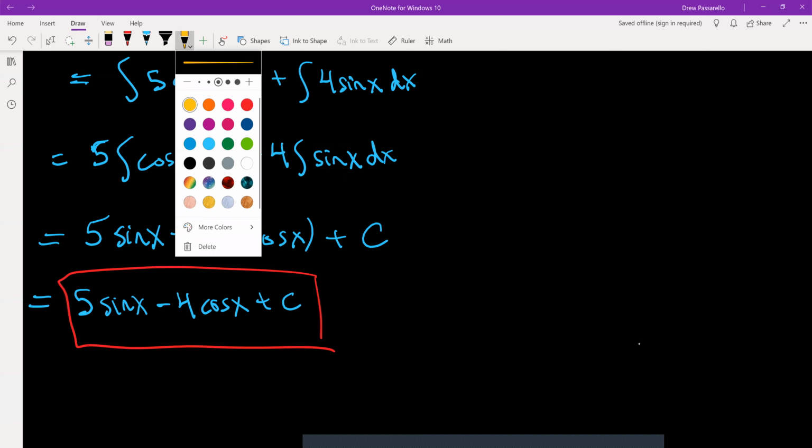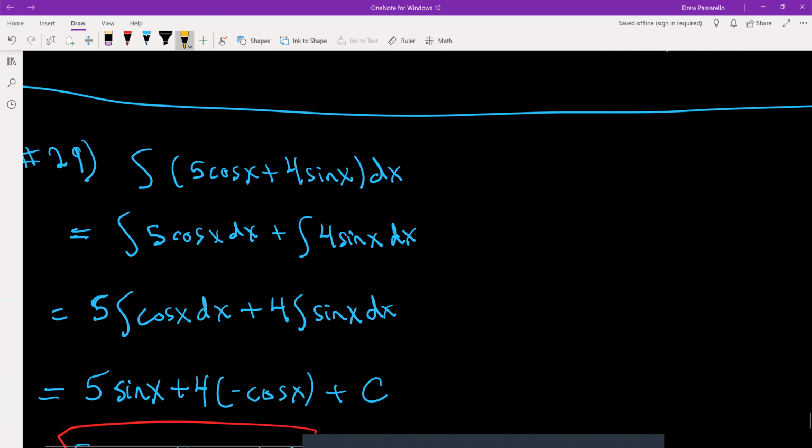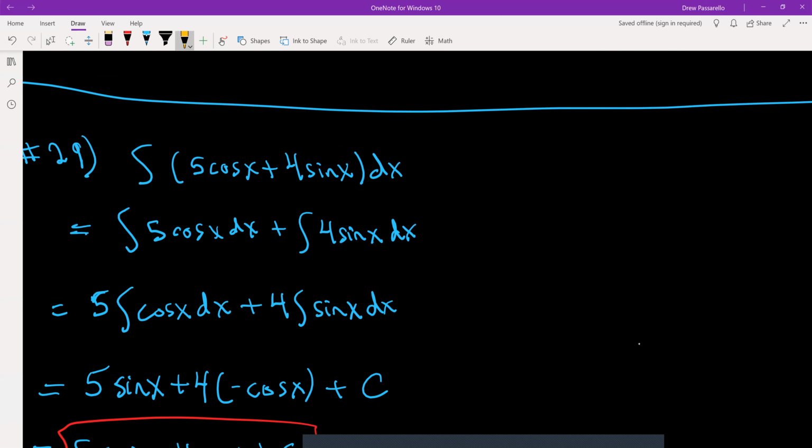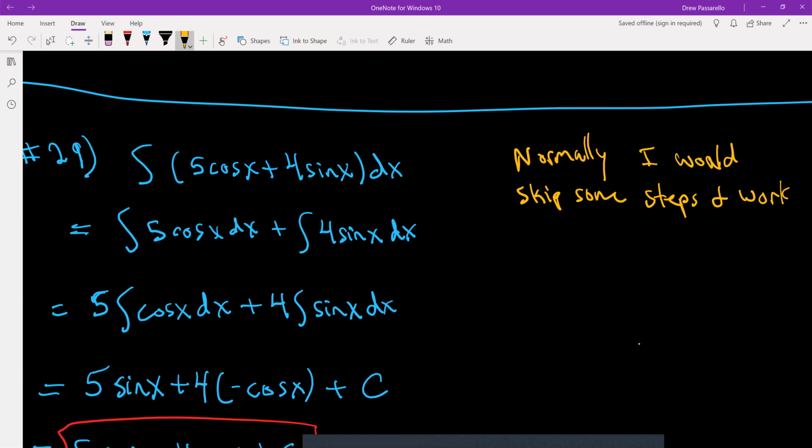I will say, from future videos, and actually for some of these examples, normally I would do the problem as follows. Normally I would skip some steps and work out the problem as follows.